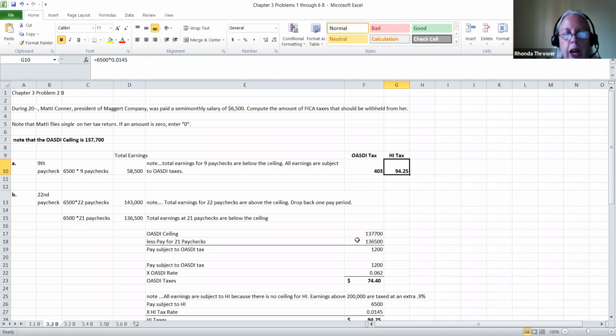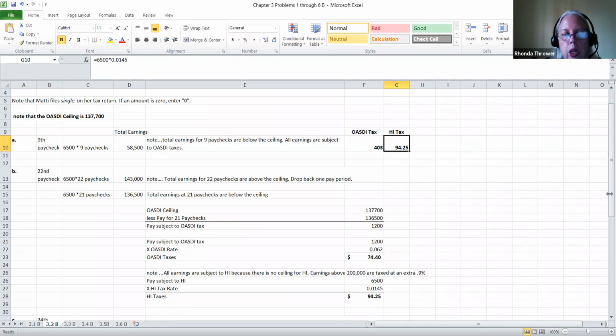So if you subtract the 21st pay period's annual total from the OASDI ceiling, it will leave you with $1,200 that are subject to the OASDI tax on the 22nd pay period. So this $1,200 is actually subject to the OASDI taxes.